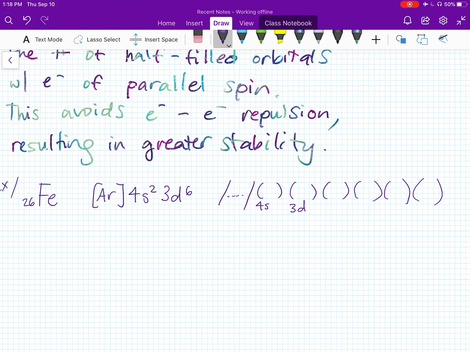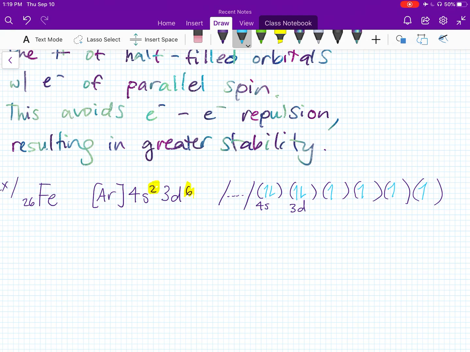So let's fill up the electrons now in our orbital diagram. The 2 electrons in 4s are easy to put in, but now I have to contend with the 6 electrons in the 3d sublevel. So I'm going to put 1, 2, 3, 4, 5. I half fill the orbitals first, and then for the 6th one, I have to start pairing them up.